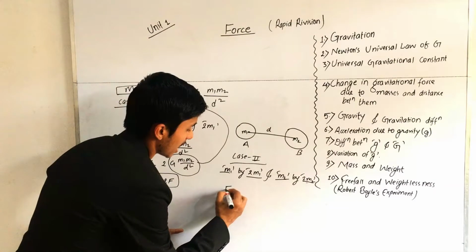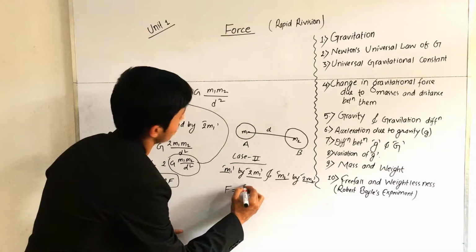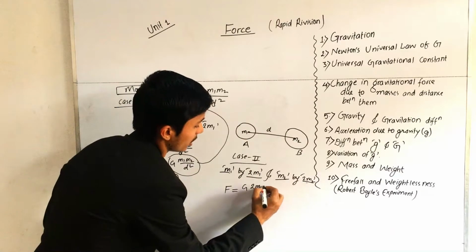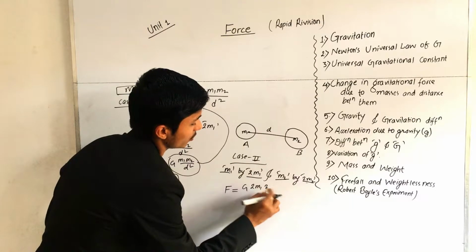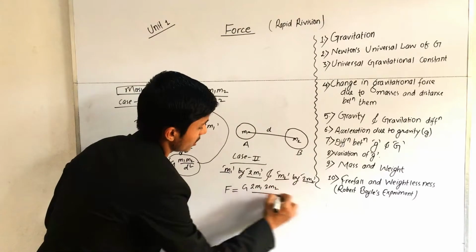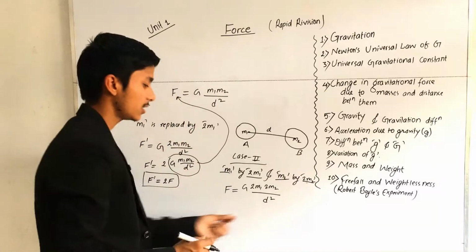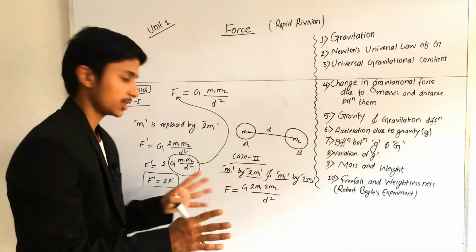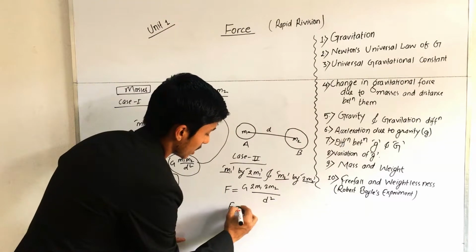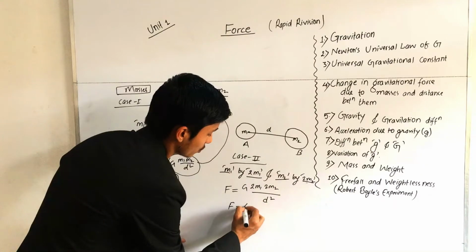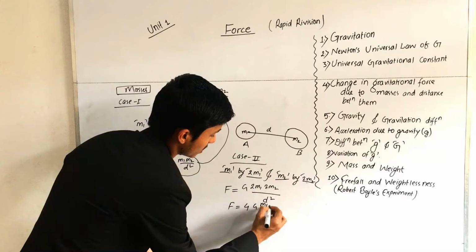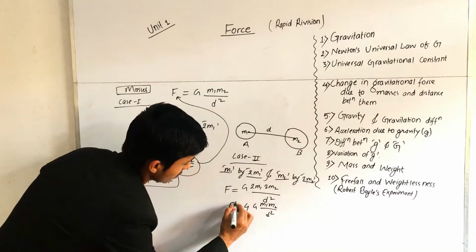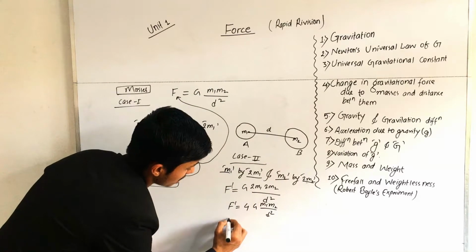Since the masses of these two bodies are doubled, we can write F' is equal to G times 2m1 times 2m2 by d square. Here the distance is constant, only the variation in mass is taking place. So we can write F' is equal to 2 into 2, 4, G times m1 m2 by d square. This is the force after changing mass.